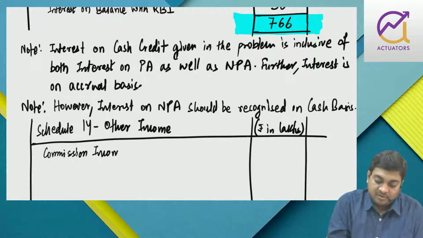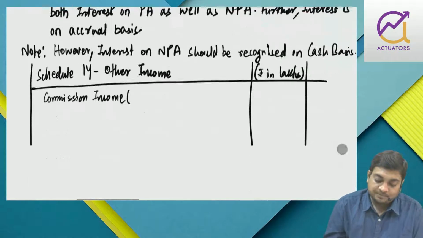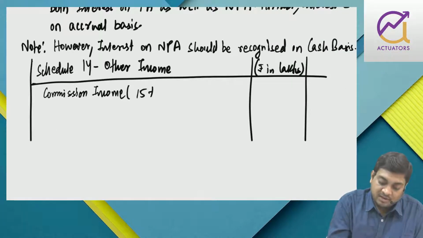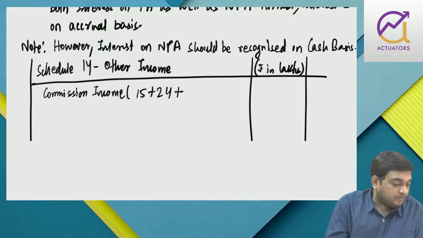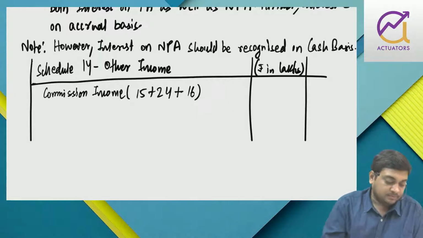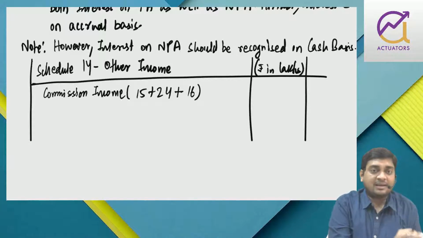So I have commission income. You can show separately also. 15 plus 24 plus 16. So that will be like 55.